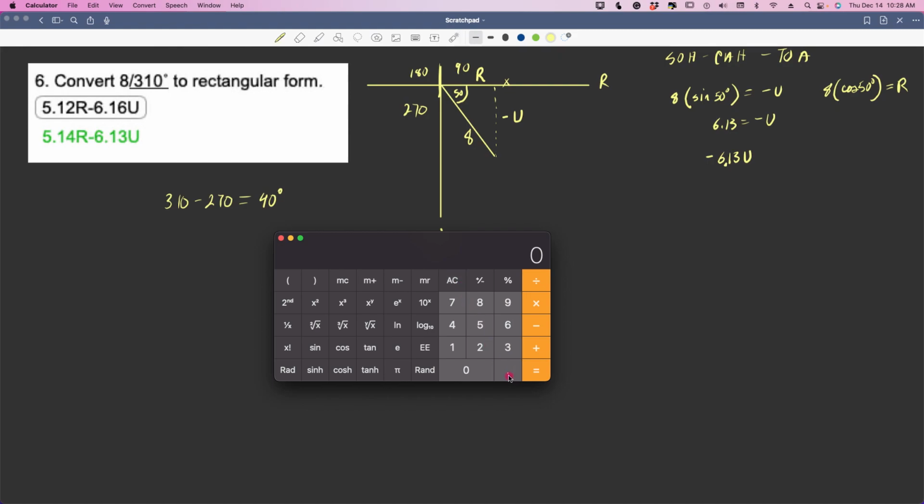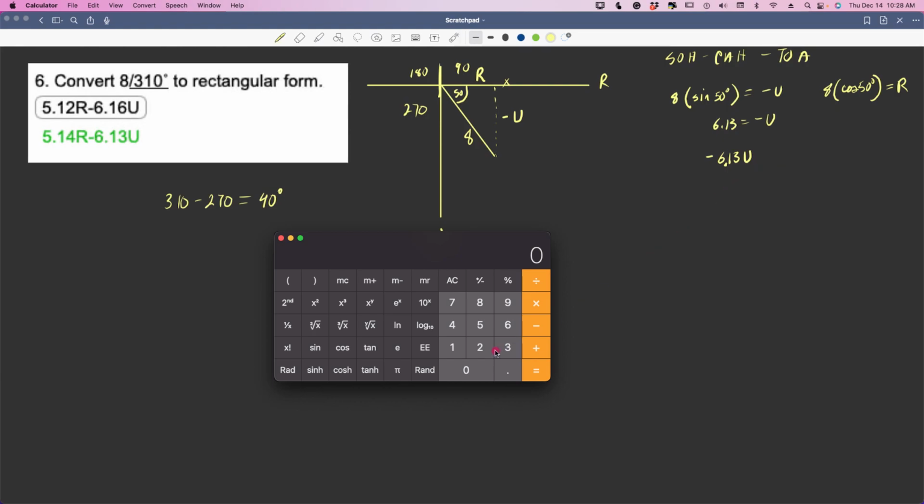So let's say you did 0.766 times 8. That still wouldn't give you the right number. So I'm not sure how you got negative 6.16, because 50 sine, I mean, I don't know what else to tell you. That would be negative 6.13 u.